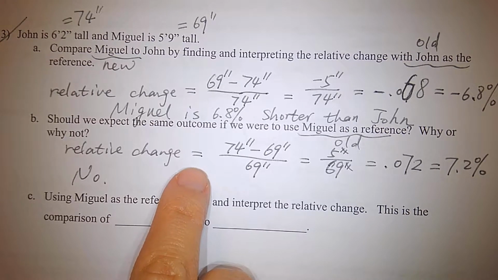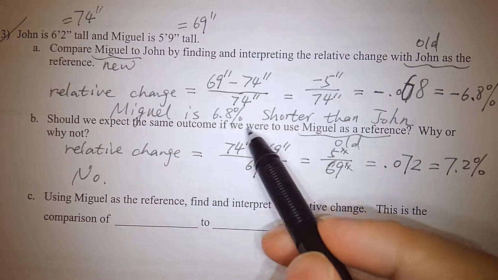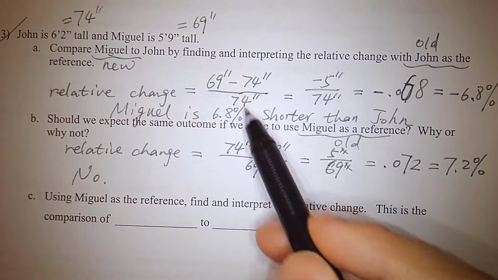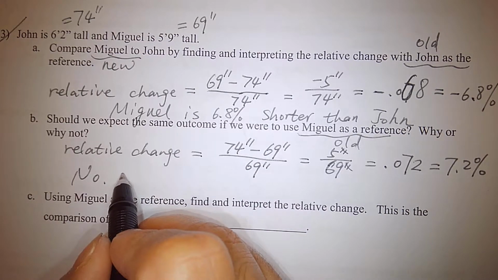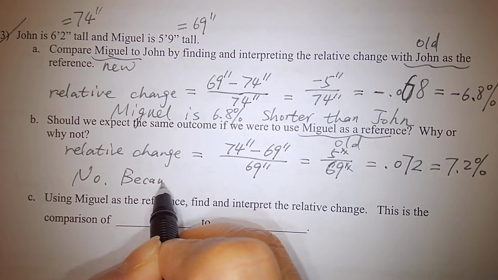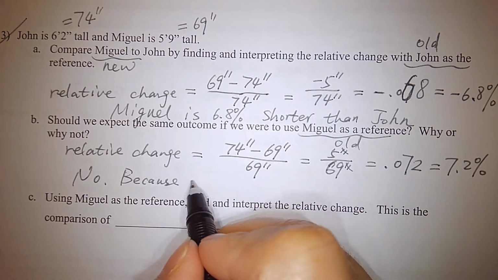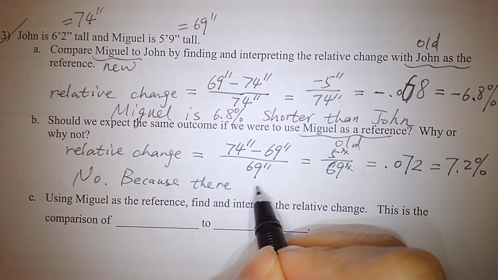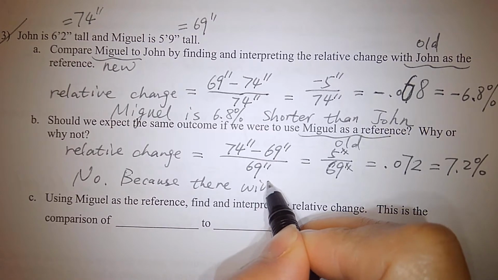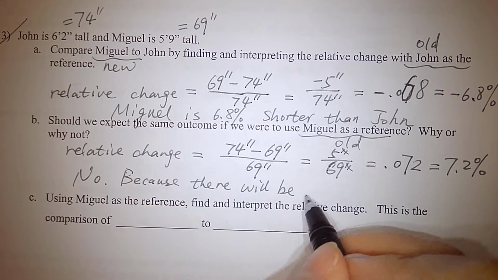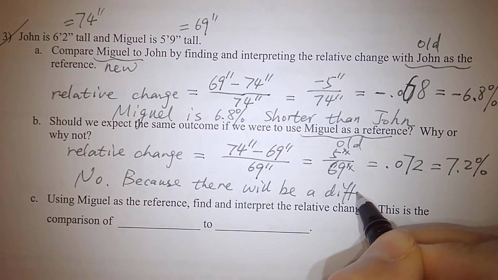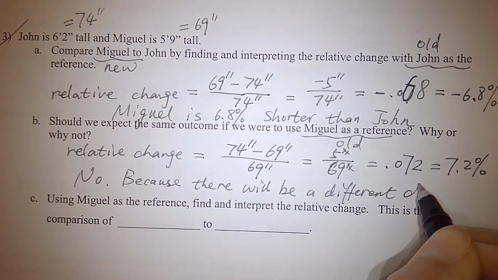Because we are having different denominators.